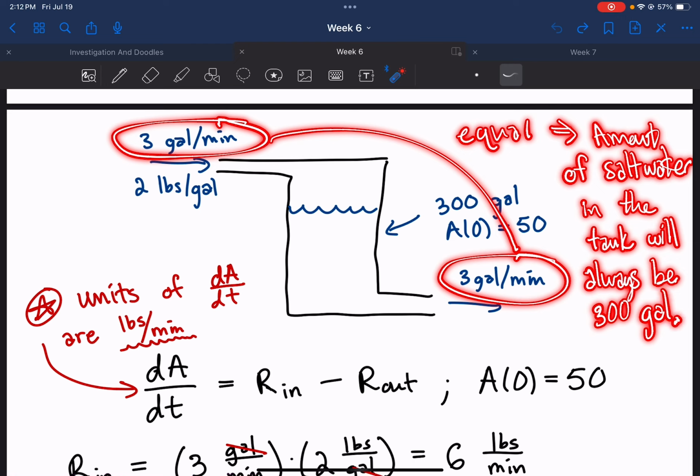Since we're pumping in as fast as we're draining, that means there's always 300 gallons in this tank. Always 300 gallons in the tank.